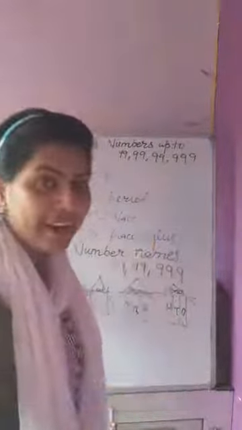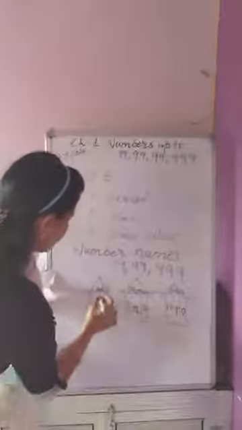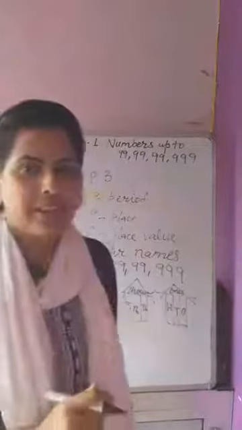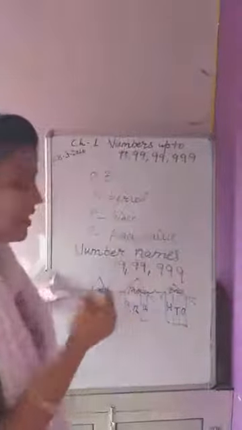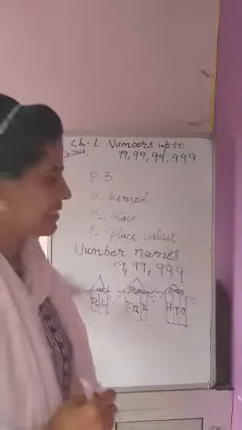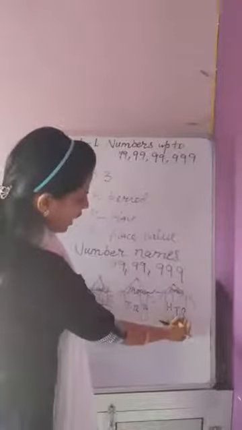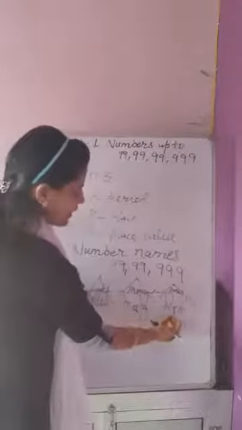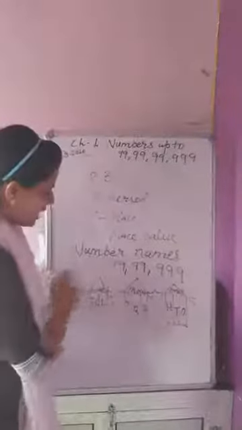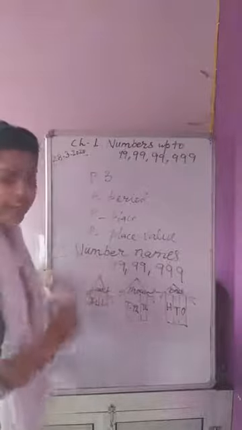And in the same manner, in lakh house, there are also 2 rooms. One is lakh and the other is 10 lakh. So this becomes very easy to recall the periods and their places. In ones, we have 3 places: ones, tens, hundreds. In thousands, we have 2 places: 1000 and 10,000. And in lakh, we have 2 places: lakh and 10 lakh.